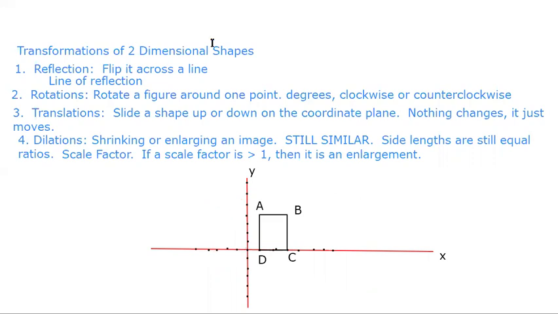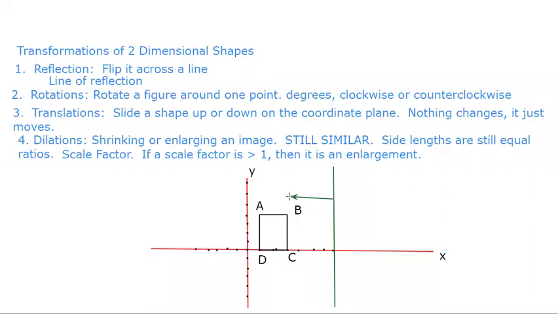What if you were going to reflect this across the line X equals 7? First, you have to find the line. And if you're going to reflect it across this line, X equals 7, it's the exact same principle. How far in the positive direction or the negative direction do you need to go?